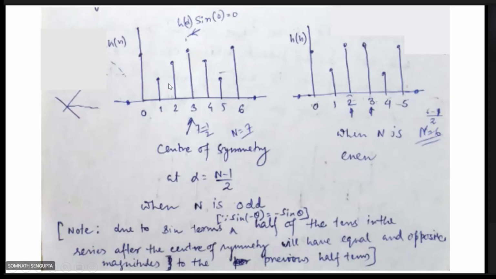Here there is a plot shown for h[n]: here it is 0, at n equal to 0 it is having this value, after this value, then this, at the middle it is this one, and at the end it is this.